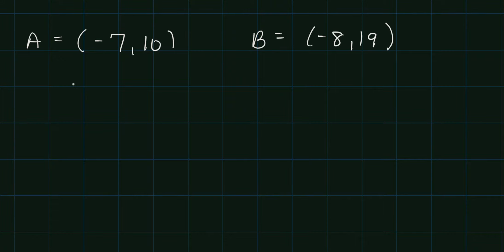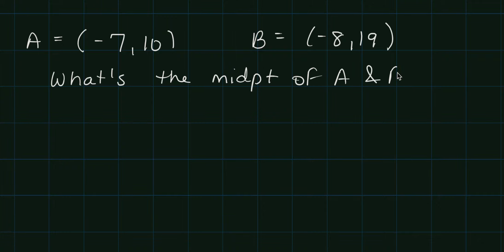Can you find the midpoint between A and B? So I'll give you a minute. In fact, you should pause the video and try to find the midpoint yourself, and then just check to see if you get the same answer as I do.